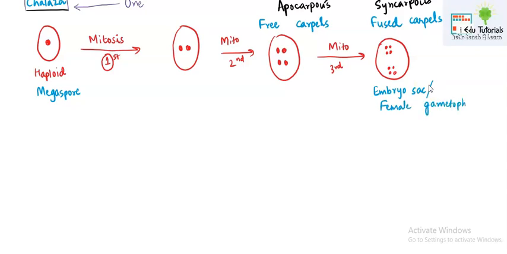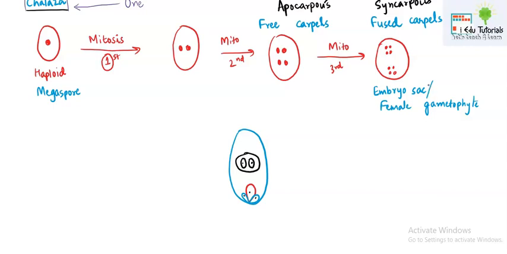Now we will see how these nuclei will be arranged. So this is the embryo sac, and very important is that these 8 nuclei will arrange in the manner I am drawing right now, so that you can also draw the diagram. These are 2 nuclei in the common wall.